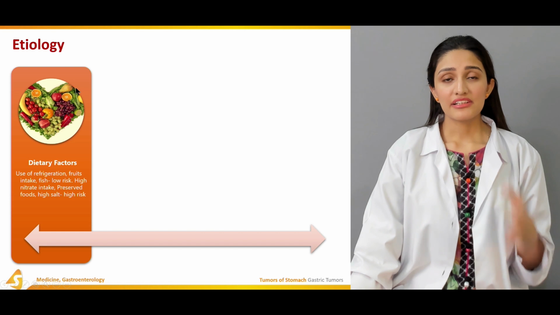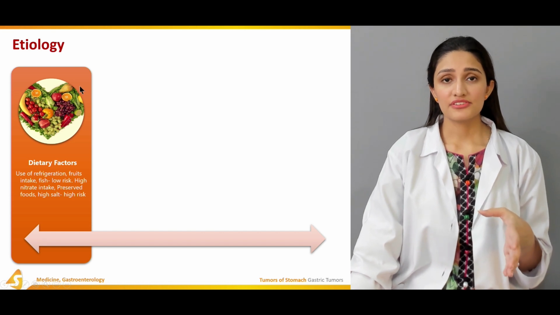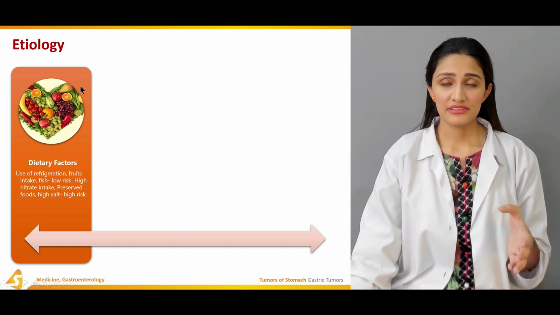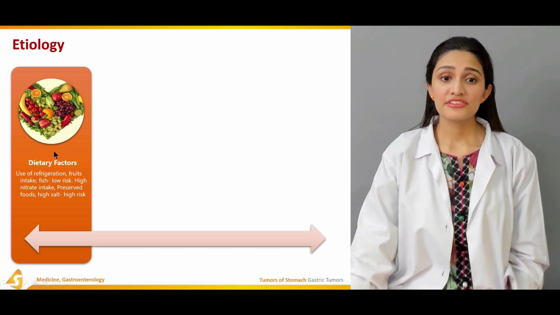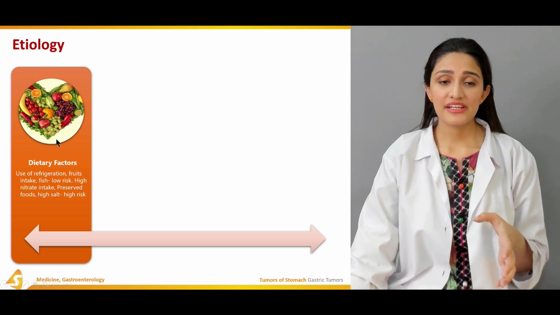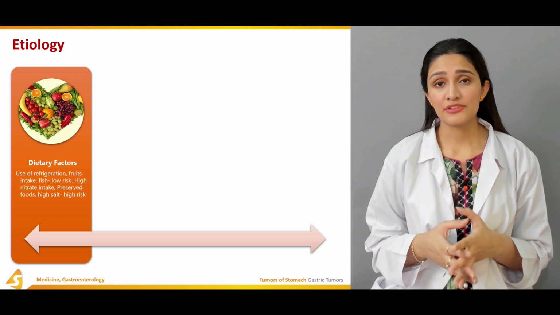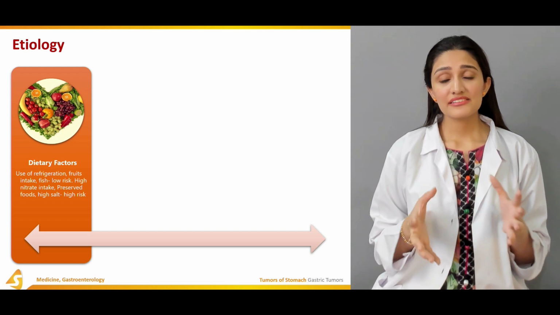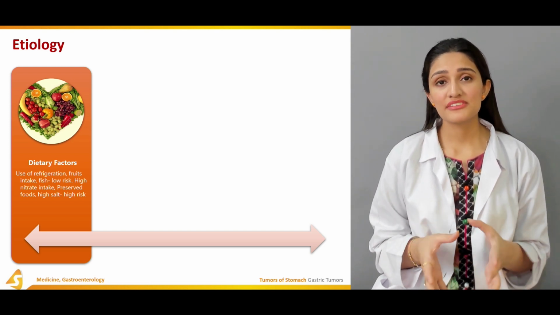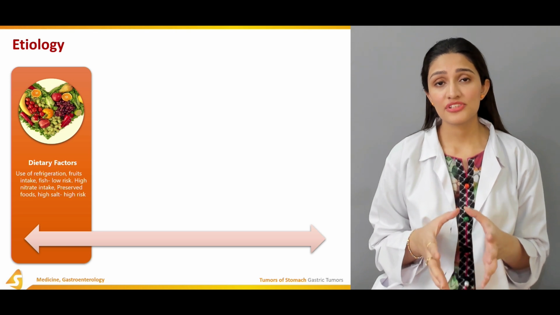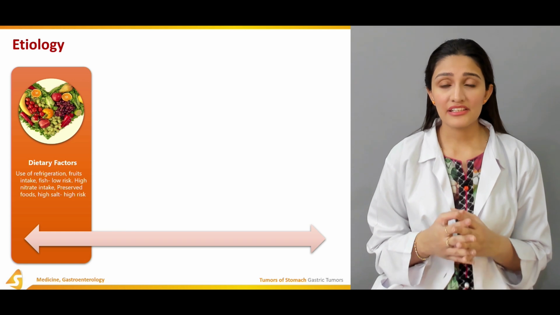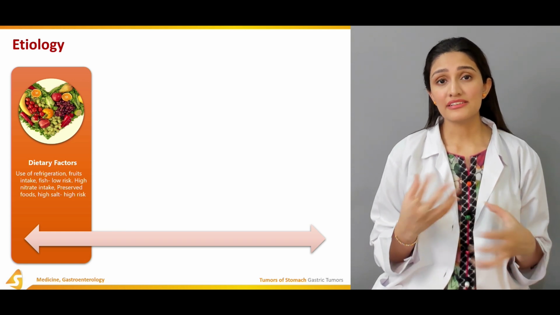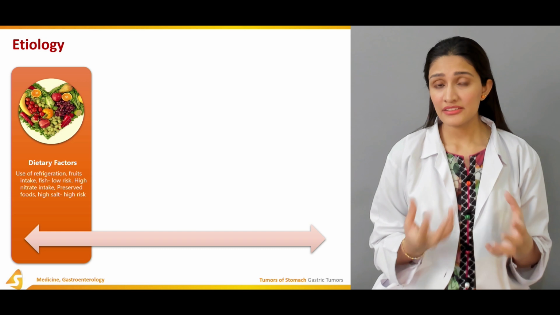So the other causing factors of gastric cancer, first being the dietary factors. The use of refrigerators, fruit intake, and fish cause a low risk, as the decreased temperature within the refrigerators and the fridge causes a low production of bacteria, fungi, and the contaminants of the fresh food.